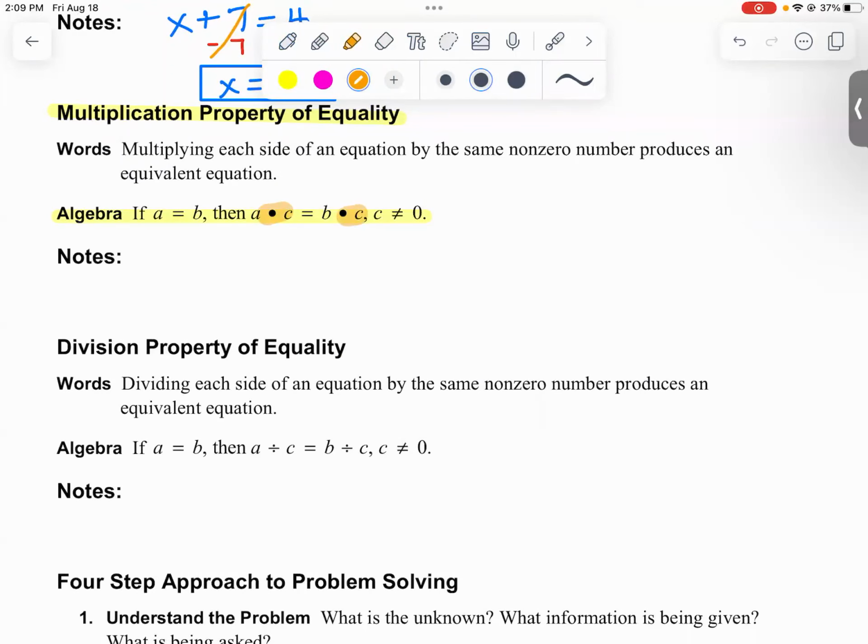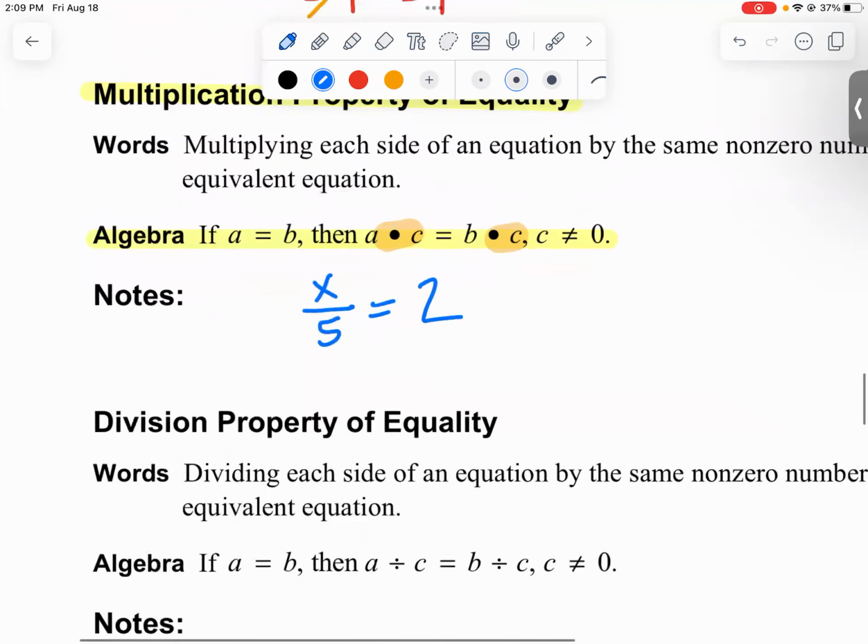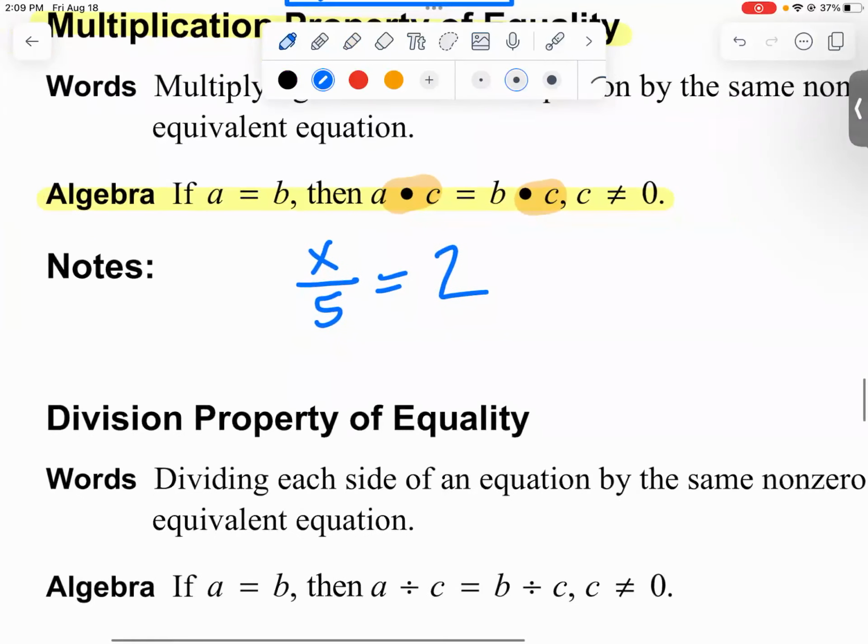So if I have something like x over 5 equals 2, what is the inverse operation of divide? Multiplication. So we can multiply both sides by 5 to get rid of that divide by 5. And we are left with x equals 10.